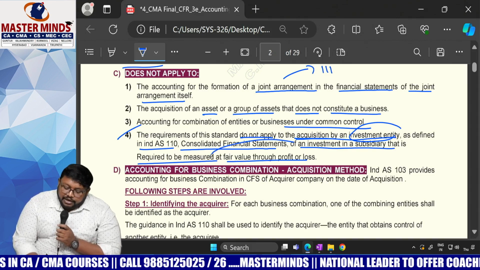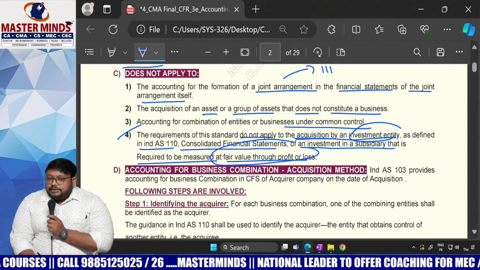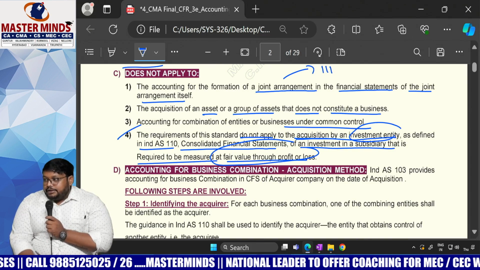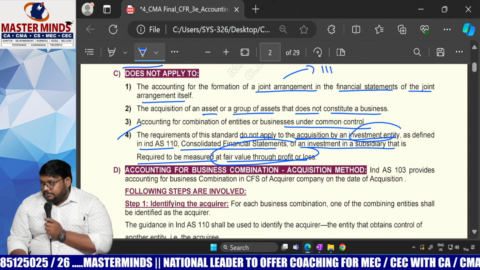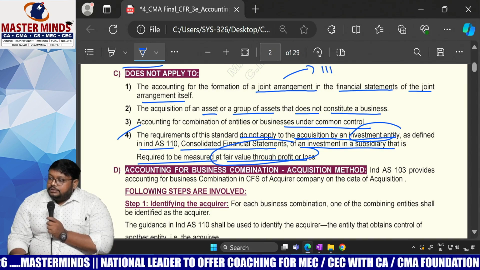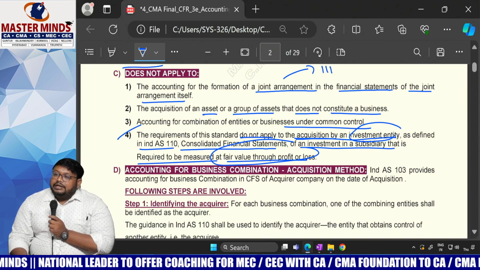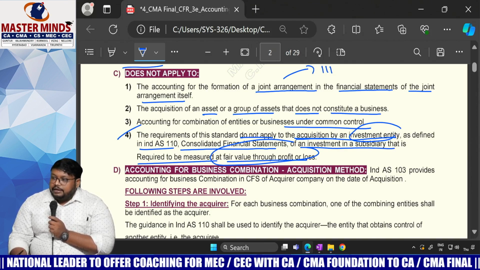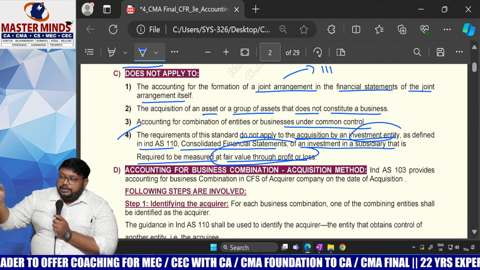Sir, what does fair value through profit and loss mean? In Ind AS 109, financial instruments, we will get clear elements relating to that. We have three classifications of investments. When you make any investment, it comes under Ind AS 109, financial instruments. When classifying investments, we can classify based on their contractual cash flows. One investment I make only for dividend.